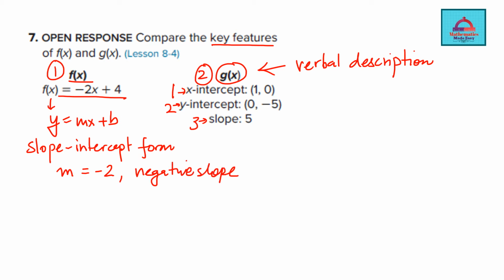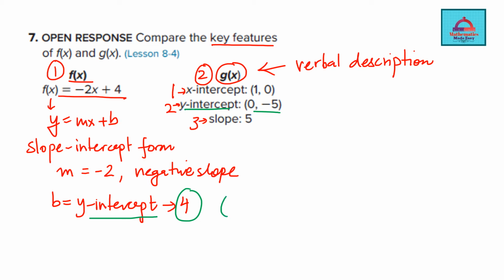And if I compare the y-intercept b, it is going to be 4 here. Okay, now I'm going to just change color and highlight. The y-intercept in this case is 4, whereas the y-intercept in case of g(x) is this. So y-intercept is higher in this. You may write the point also as (0, 4).